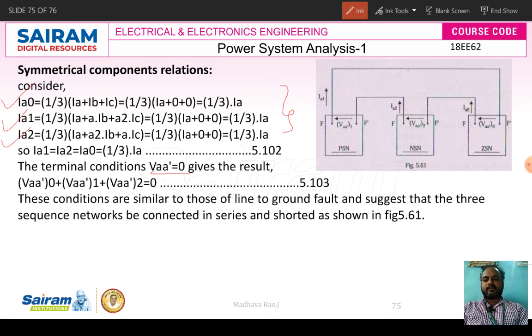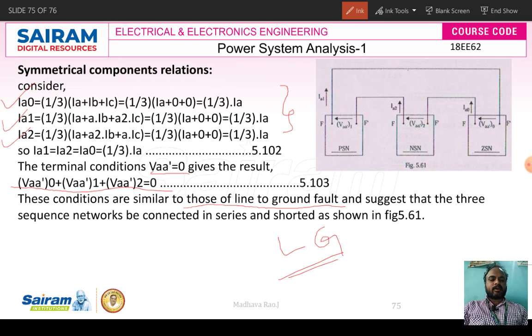The summation of all symmetrical component voltages is equal to 0. These conditions are similar to the line to ground fault, the LG fault.